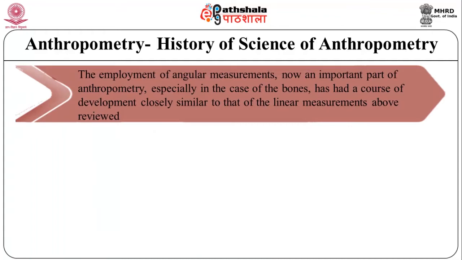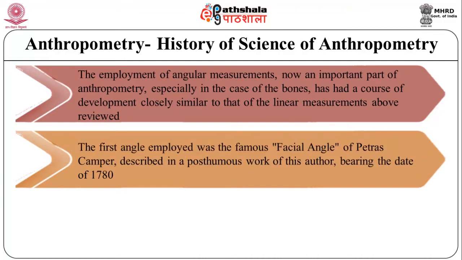The employment of angular measurements, now an important part of anthropometry, especially in the case of bones, has had a course of development closely similar to that of linear measurements as above reviewed. The first angle employed was the famous facial angle of Petrus Camper, described in a posthumous work of this author bearing the date 1780.